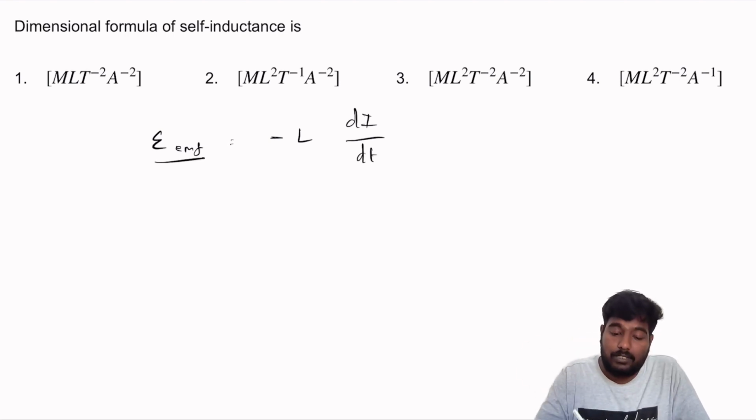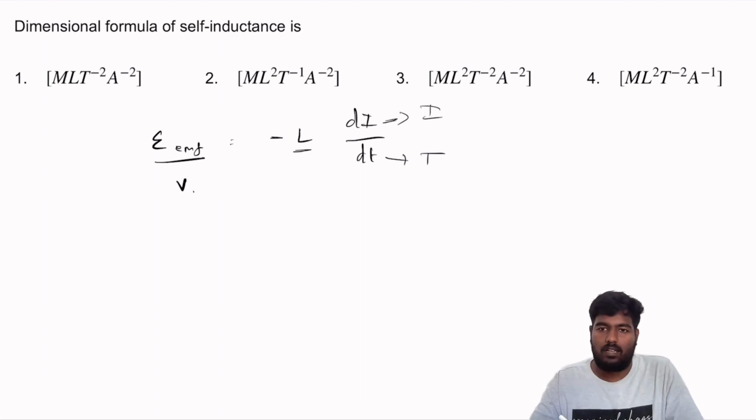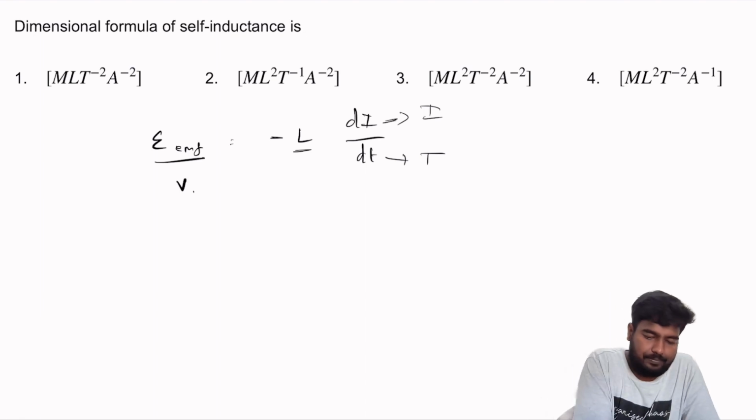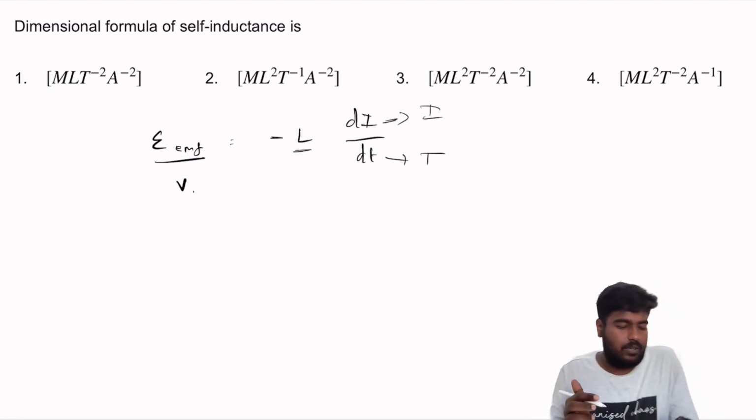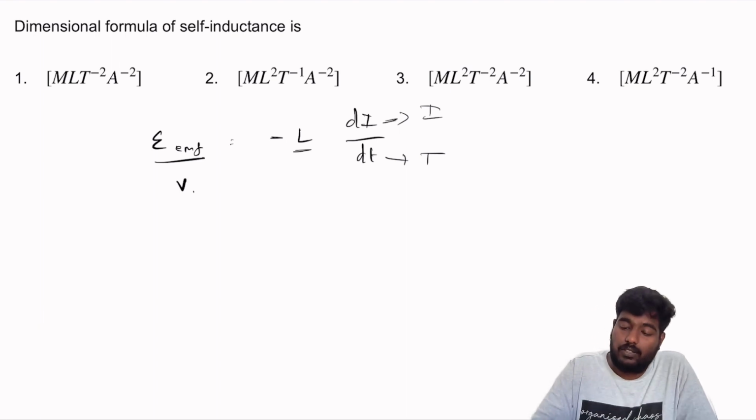So this has the dimension of voltage, which we have to find. This has the dimension of current, we'll just write it as I or ampere A. This has the dimension of T. So how do you find the dimension of voltage? You can define voltage as energy by charge.